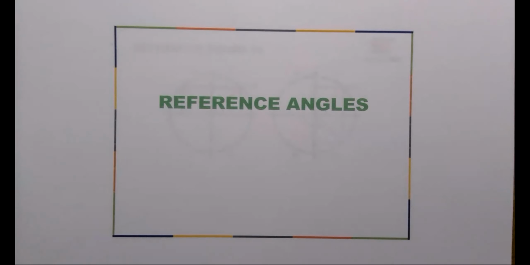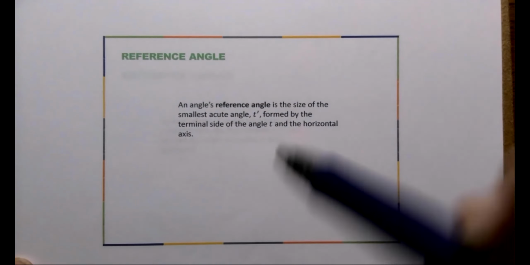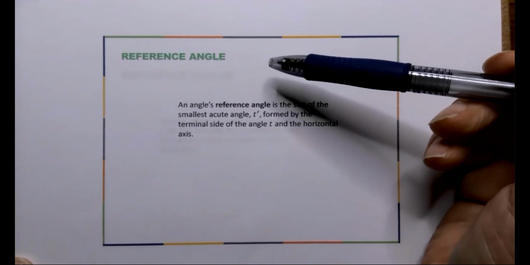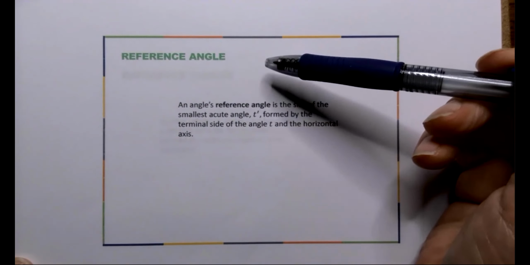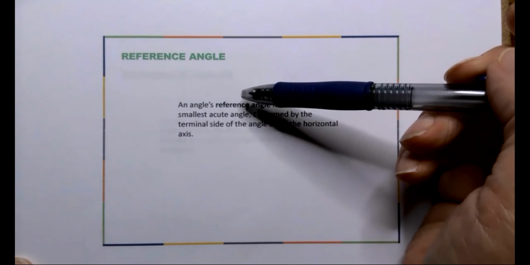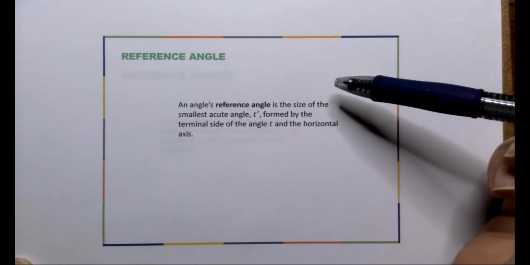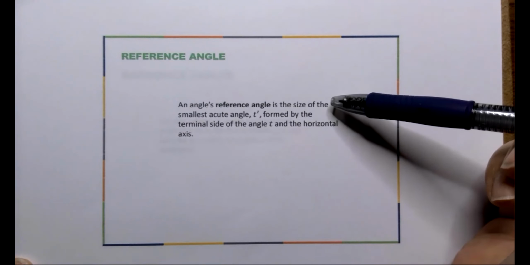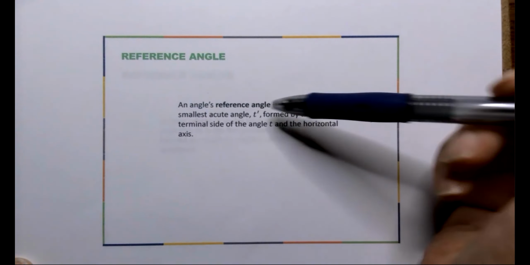In this video, we're going to be talking about one very important concept: reference angles. So first, let's talk about the definition. The definition of reference angles is: an angle's reference angle is the size of the smallest acute angle.